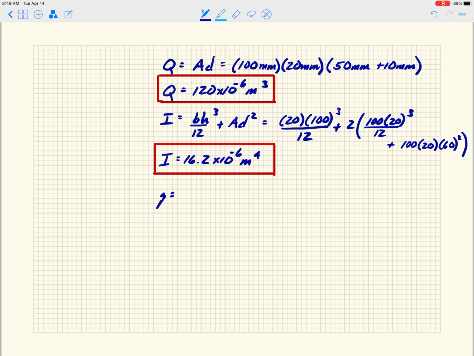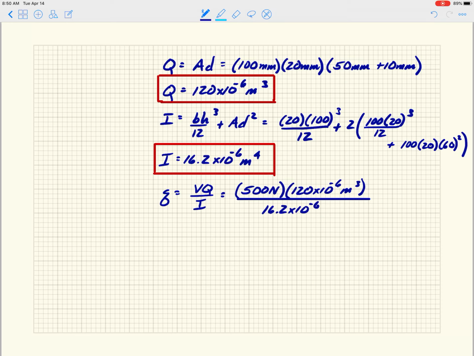I get my shear flow equals VQ over I. The V is 500 newtons, my Q is 120 times 10 to the minus 6th meters cubed, and then my I is 16.2 times 10 to the minus 6th meters to the 4th.